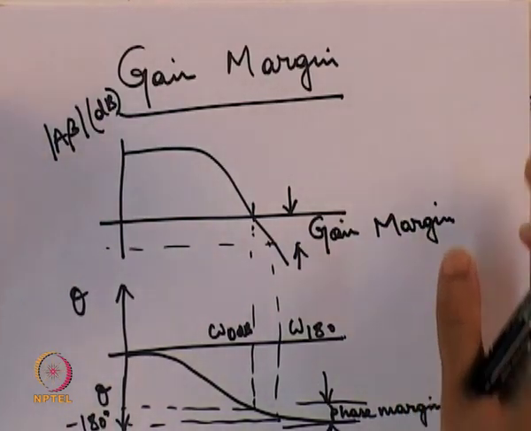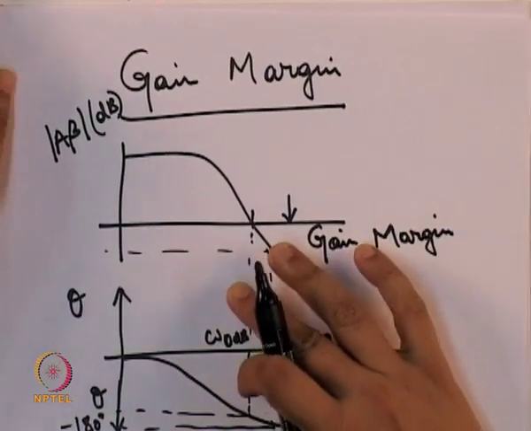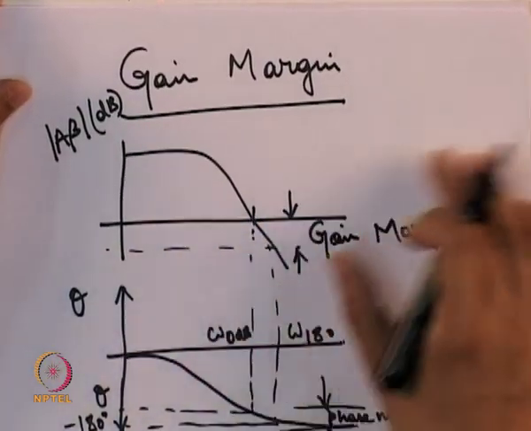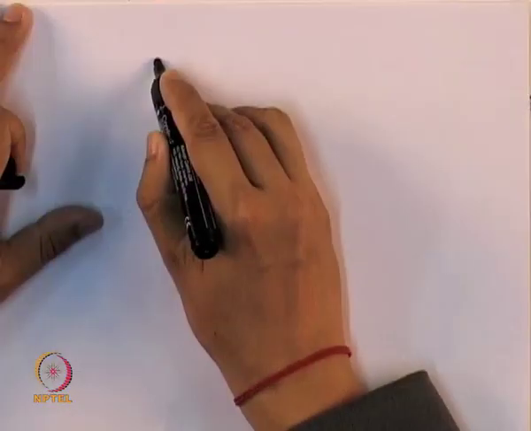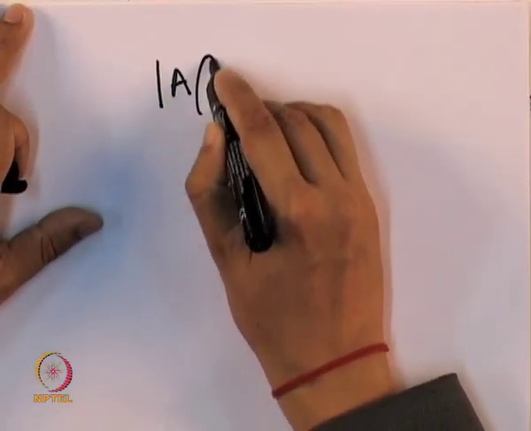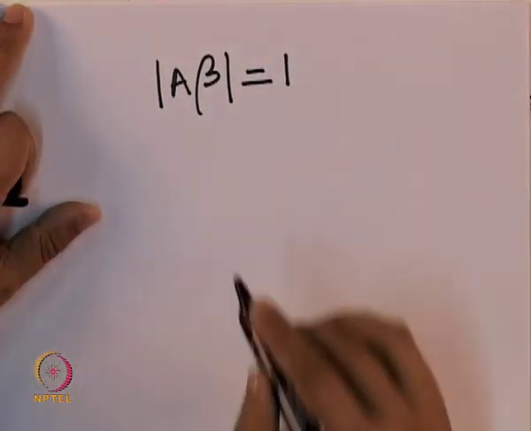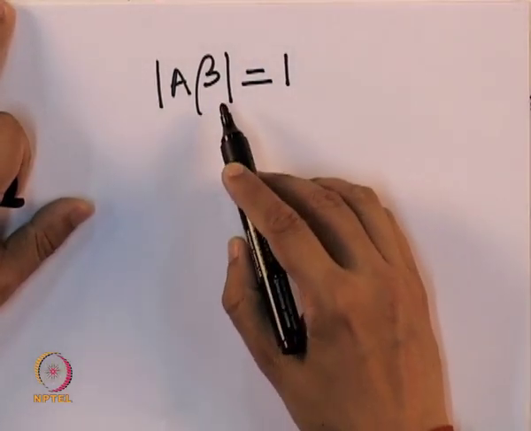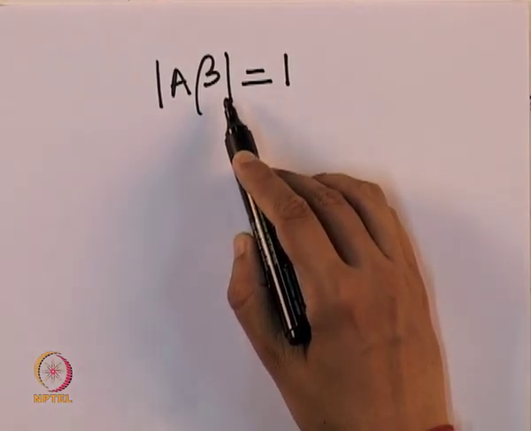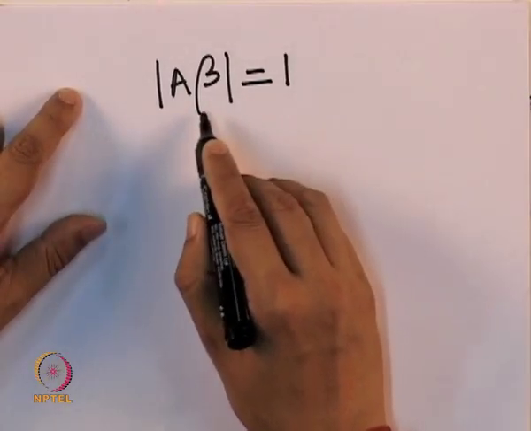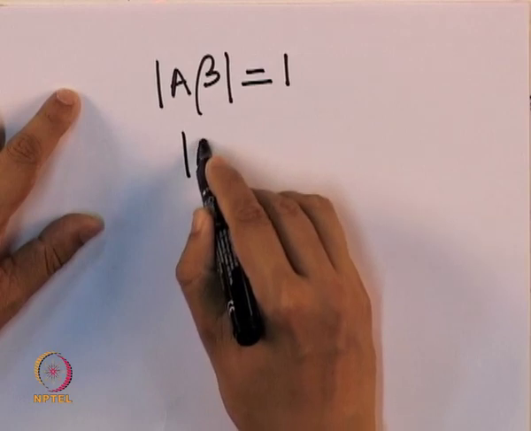Now an alternate way of representing this magnitude of A beta equal to 1 could be this. So we know a potentially unstable situation arises when my magnitude A beta is equal to 1. Now here I have many times said that this beta is frequency independent. So I can write this equation alternatively like this.